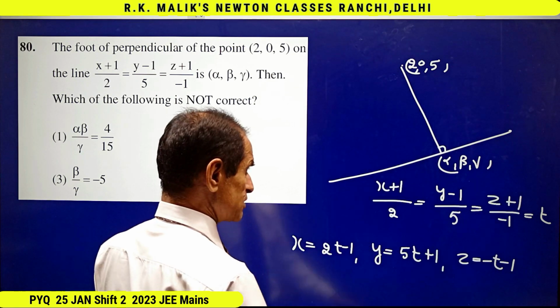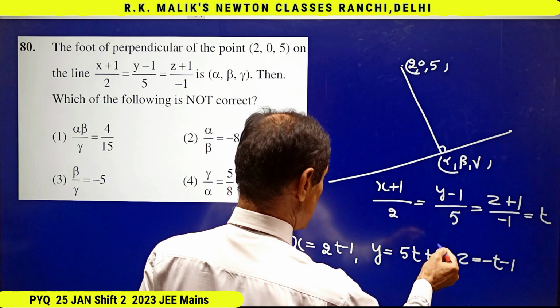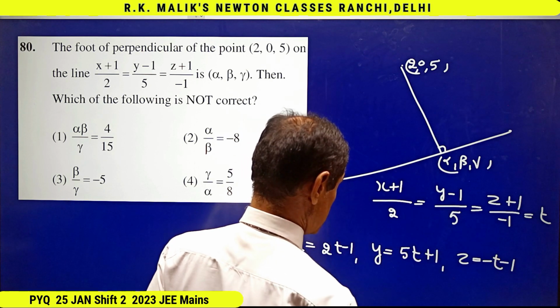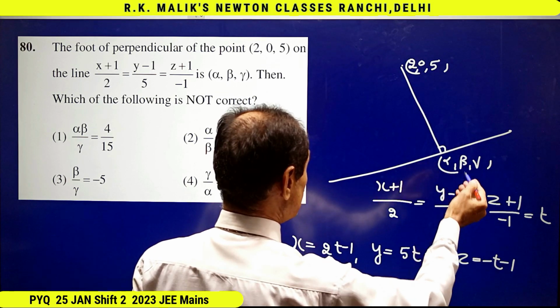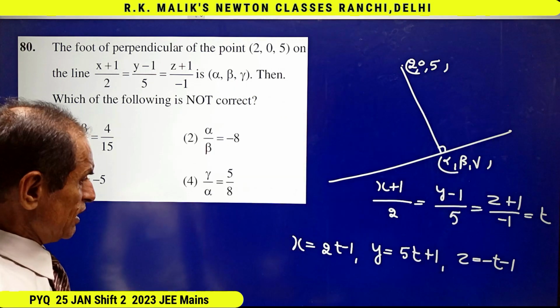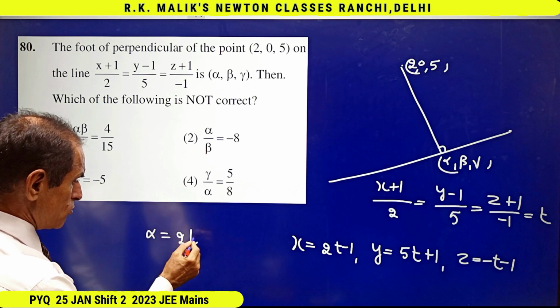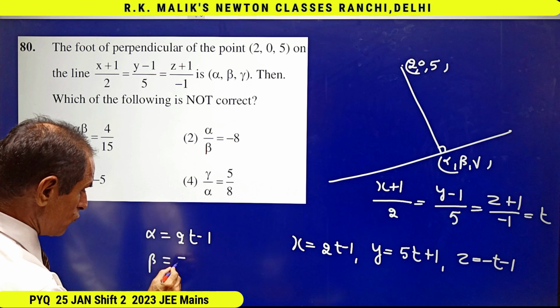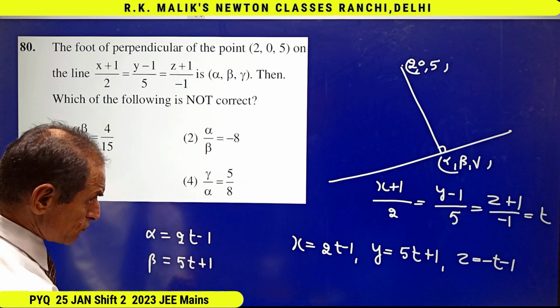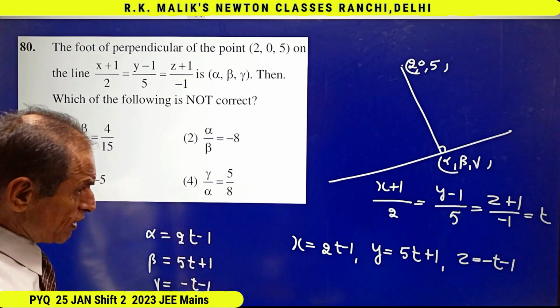Therefore, I can suppose that alpha is equal to 2t minus 1, beta equal to 5t plus 1, and gamma equal to minus t minus 1. Once the value of t is found, we'll get the values of alpha, beta, gamma.